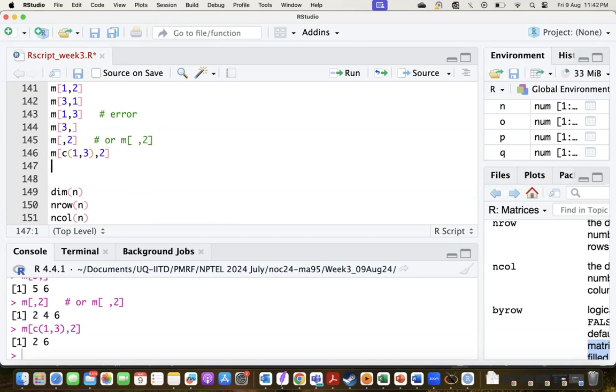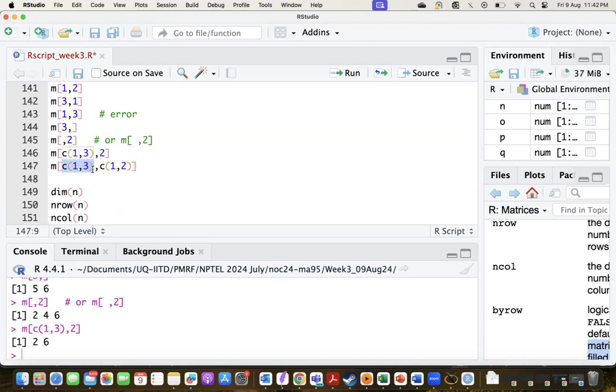So just let's take one more example here. So if it was 1, 3, and if I would have written 1, 2. Okay. So just one more thing. Would any of you like to try this? So again, it's the same thing.